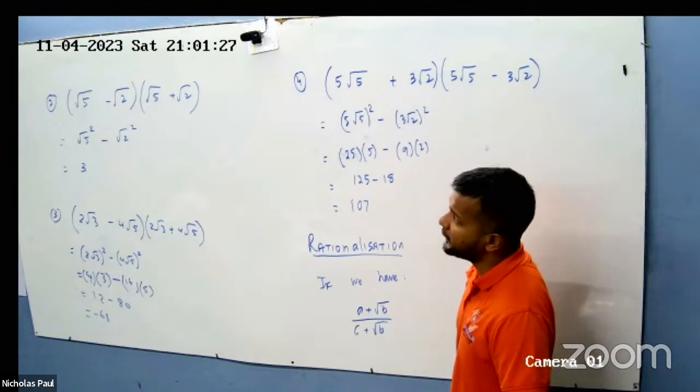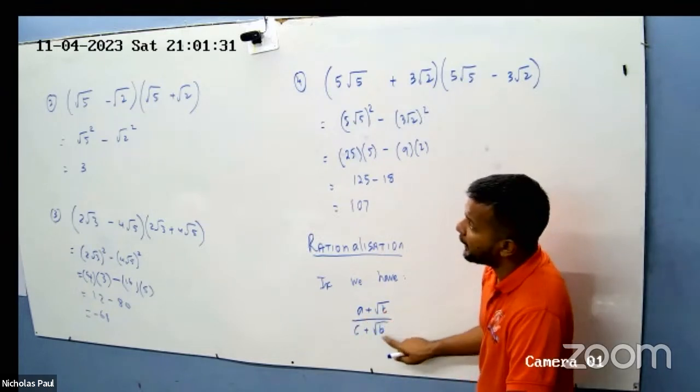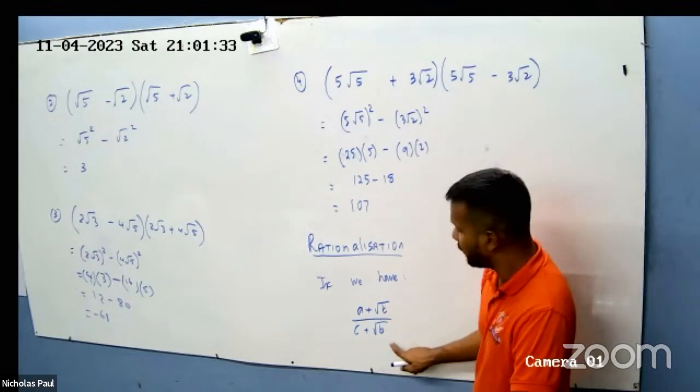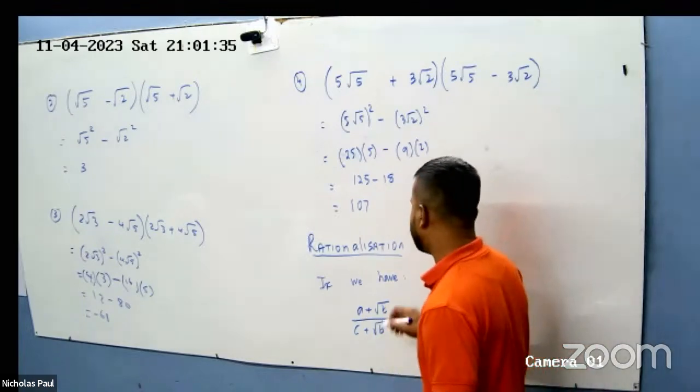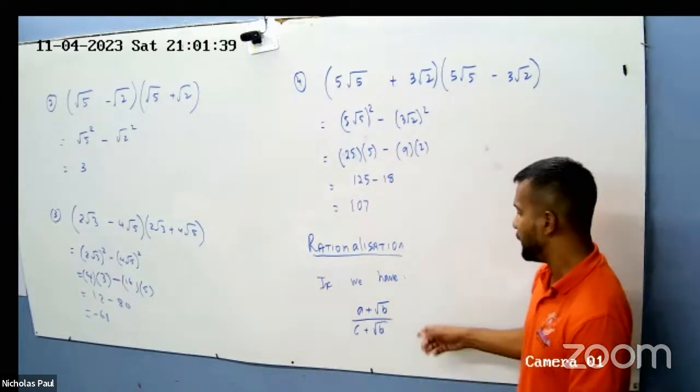Suppose I give you a surd looking like this: A plus root B divided by C plus root B. We need to be able to simplify things like this.